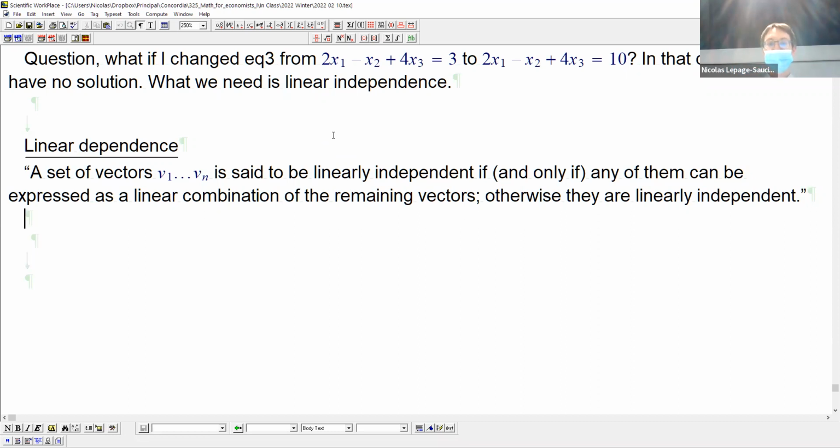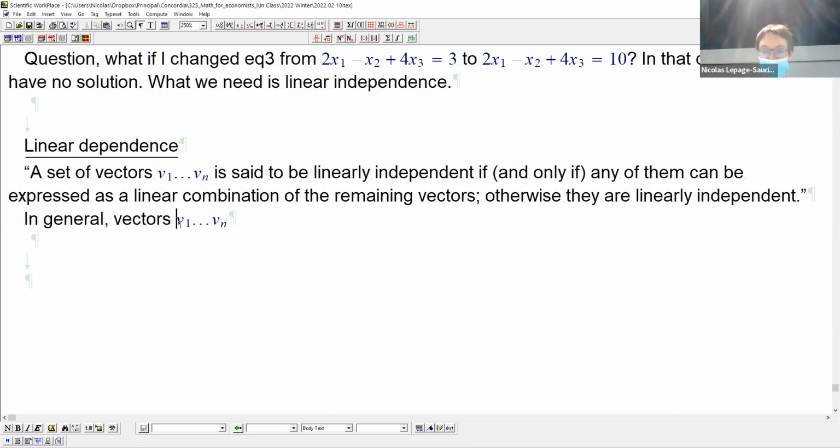So how do we operationalize this definition? So in general, vectors v1 to vn. And here I'm going to give dimensions, but they don't matter.